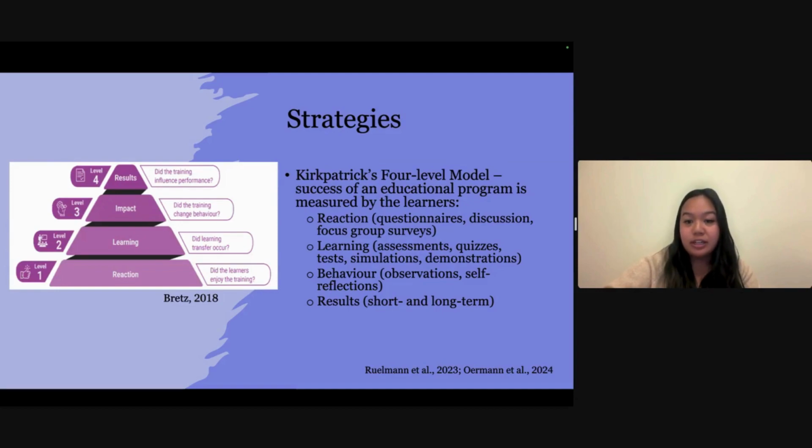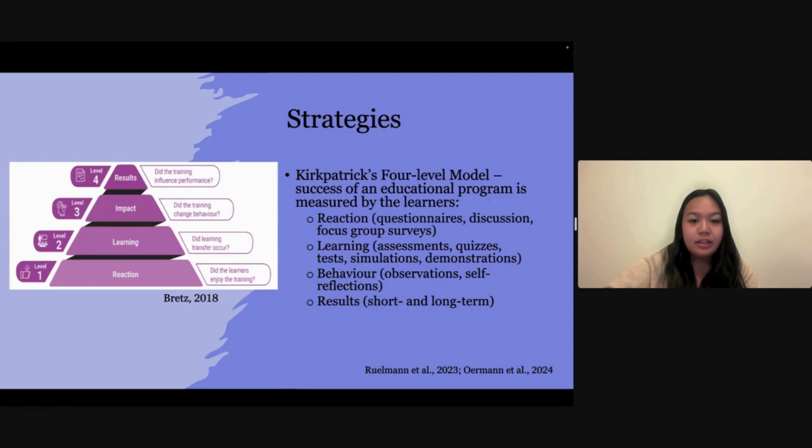So the first level is reaction, which focuses on the learner's immediate response to the training and is ideally identified as satisfaction or engagement in the material. Level 2 is known as learning, which provides measurement to which learners have acquired skills and knowledge during the training and can be evident during assessments, quizzes, tests, or simulations.